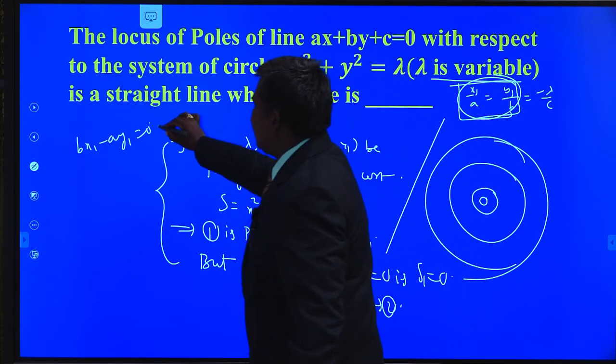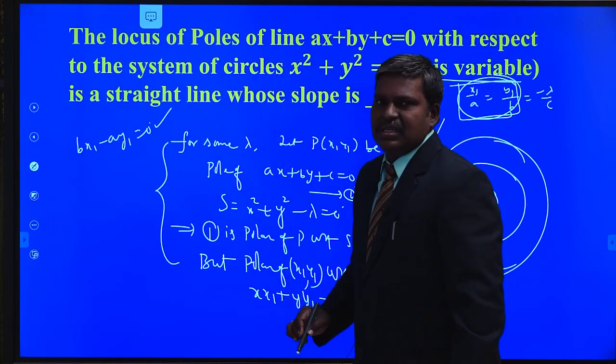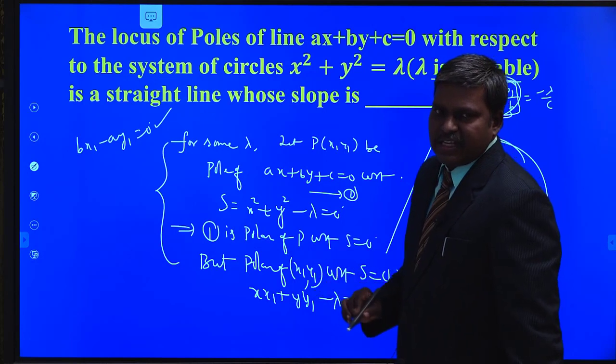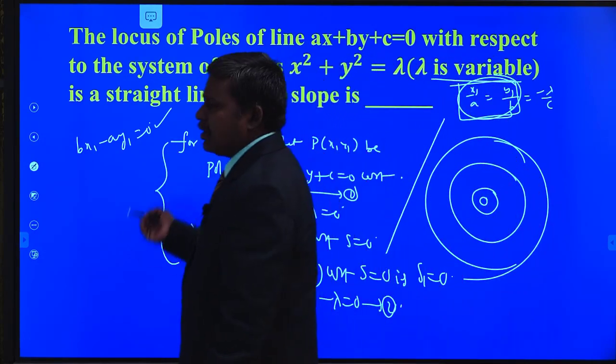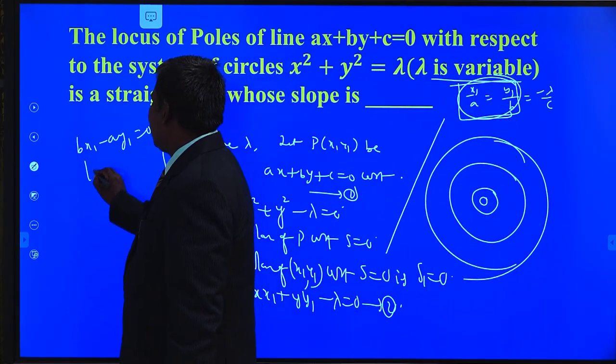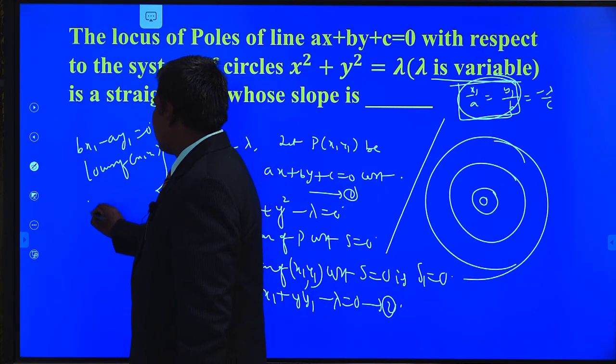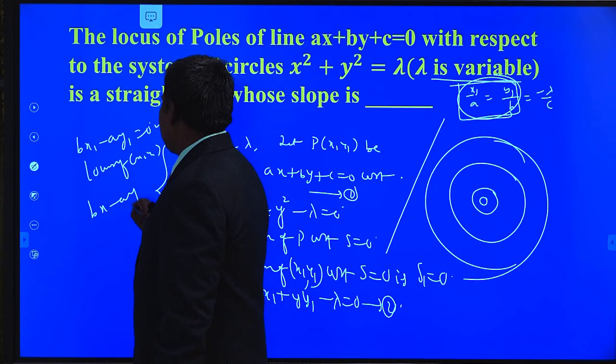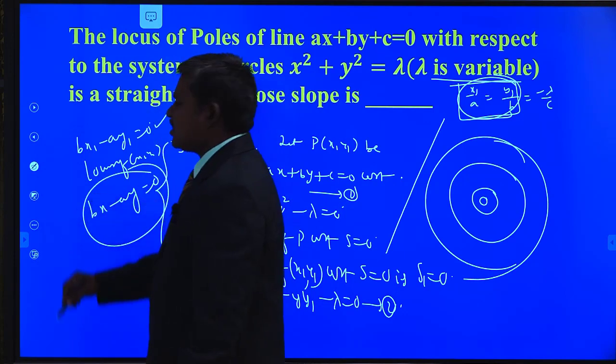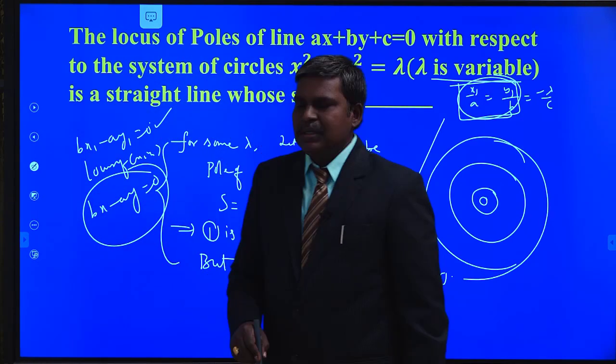This is the condition on (x1, y1). For all (x1, y1), you can write the locus of (x1, y1). What is the locus of (x1, y1)? bx - ay = 0. Is it a straight line or not? Yes, it is a straight line.